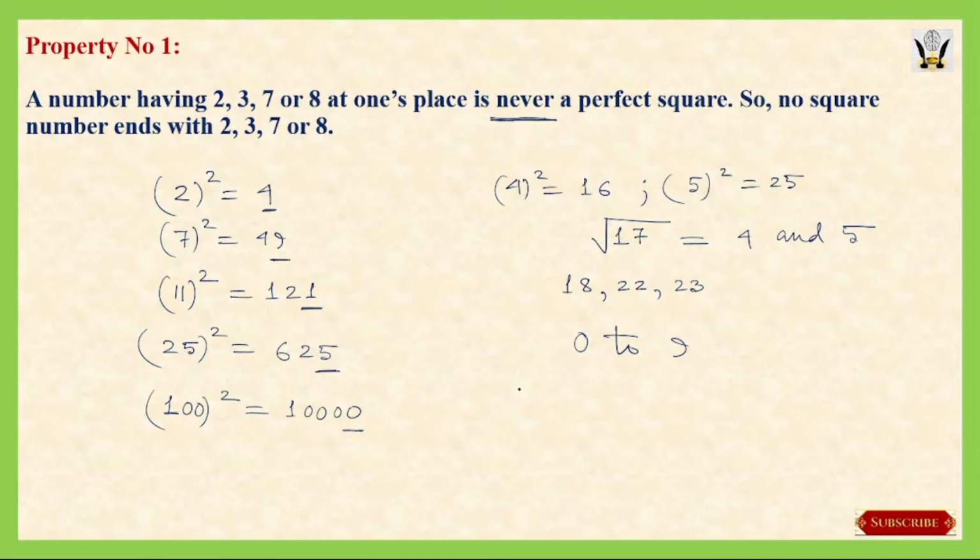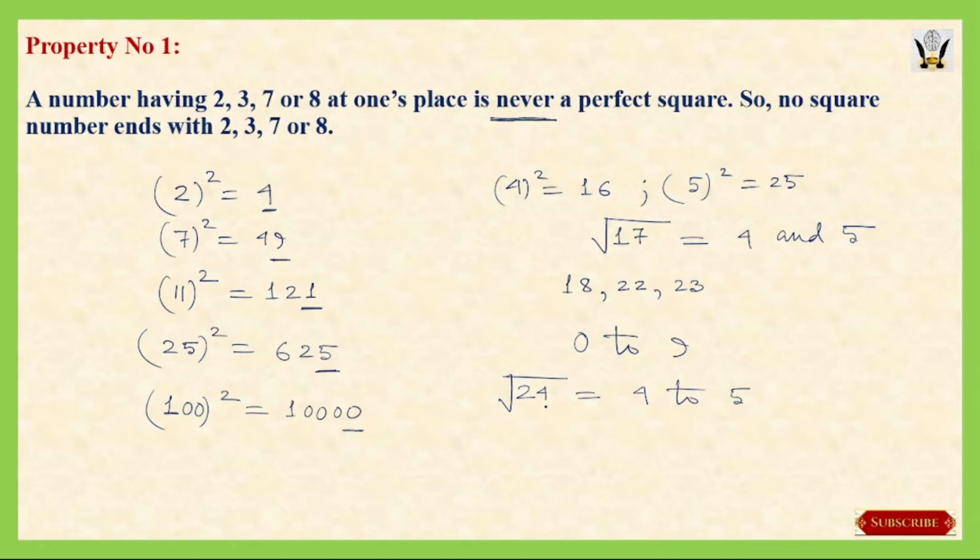No. Suppose I take the example 24, and take the square root. That value will be between 4 and 5, because the square root of 25 is 5, and 24 is less than 25, so it will be less than 5.